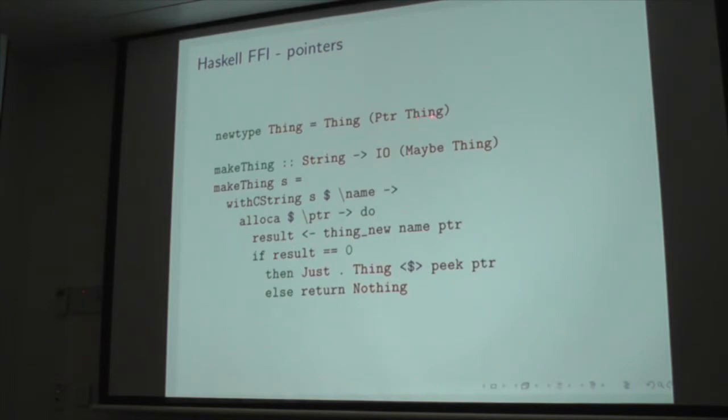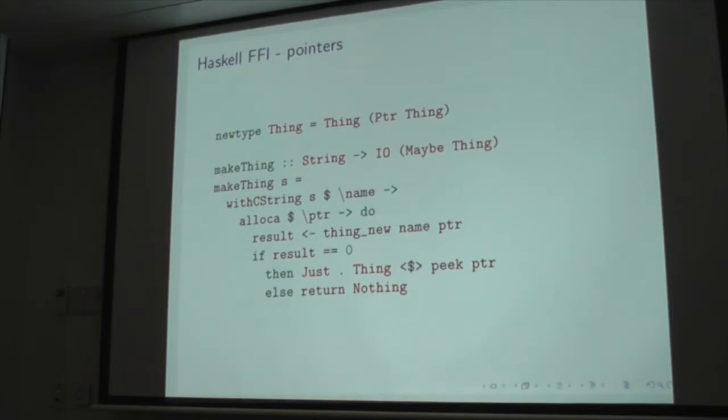This just gives us some additional type safety so that we can't perform invalid comparisons between different kinds of pointers, or do operations on one type of pointer with a different type of pointer. So for example, you don't want to be able to pass a Thing to a free-not-a-Thing function. So this is just some additional type safety in order to prevent those sorts of dubious operations.